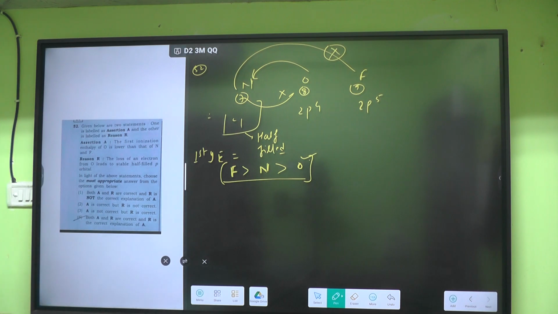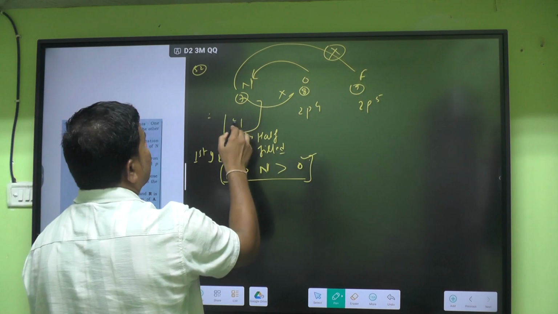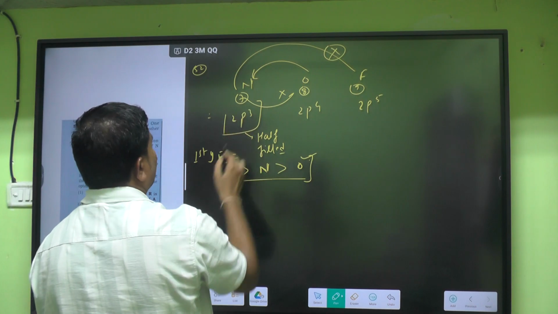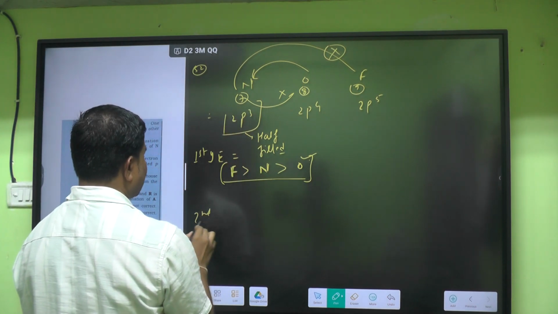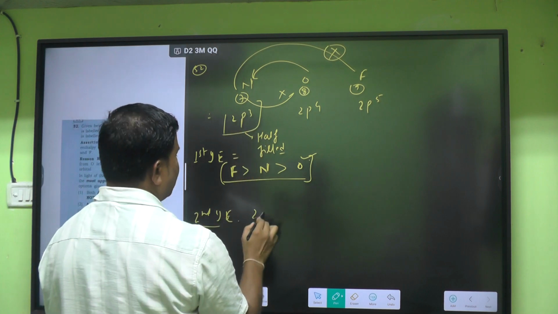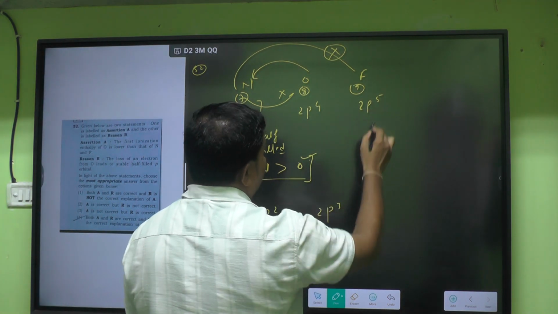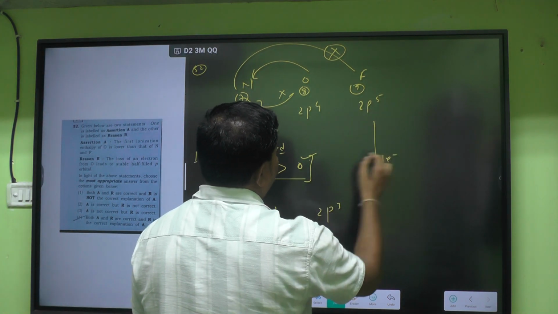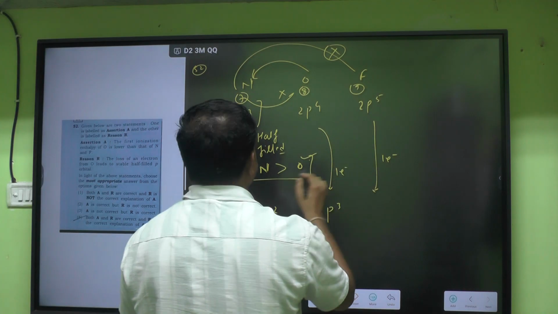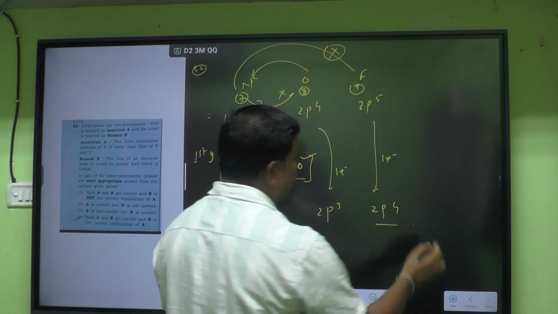So consider the loss of an electron from oxygen. They are asking about the second ionization energy after the loss of one electron. Oxygen has configuration 2p4, and after losing one electron it becomes 2p3.